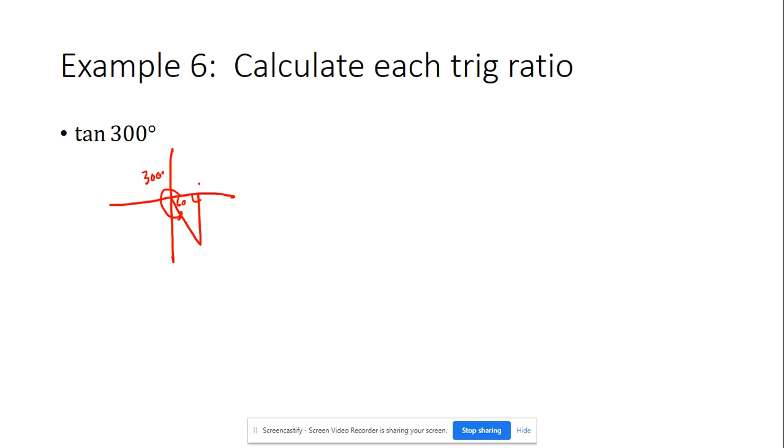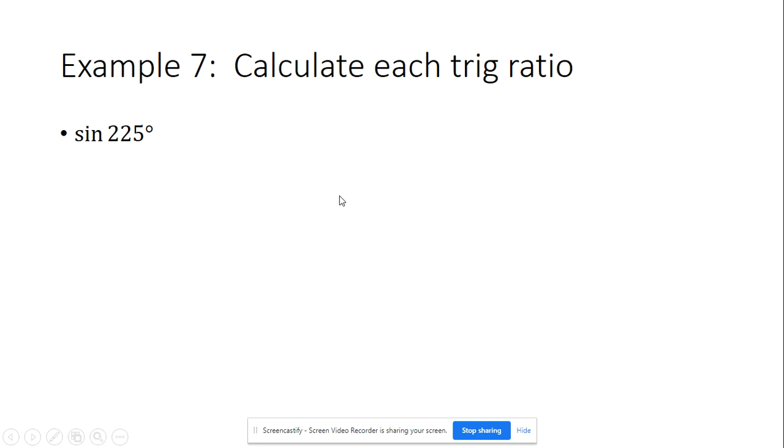Now, very similar to what I did in the last question, this is my 30, 60, 90 triangle. Here's my 30. Based off that, this is 1, this is root 3, and this is a 2. Since I'm going down, I'm going to make sure this is a negative root 3 over here. Using this reference angle, we have the opposite over adjacent equals negative root 3 over 1, which is negative root 3.